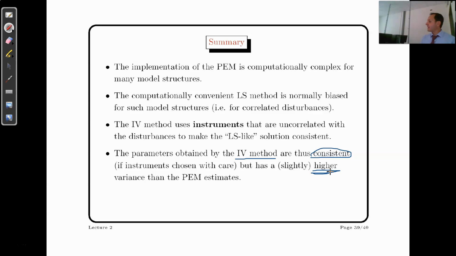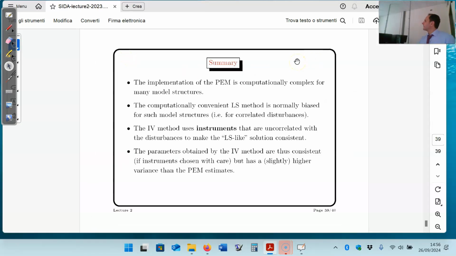But of course, the instrumental variable is simpler in its implementation. So it is something like a trade-off between accuracy and solution complexity. This was the last part of the estimation.